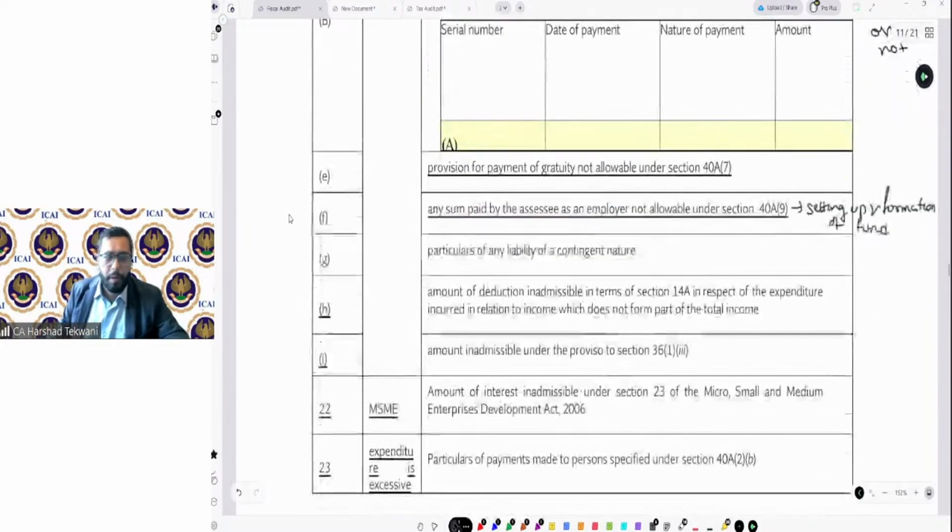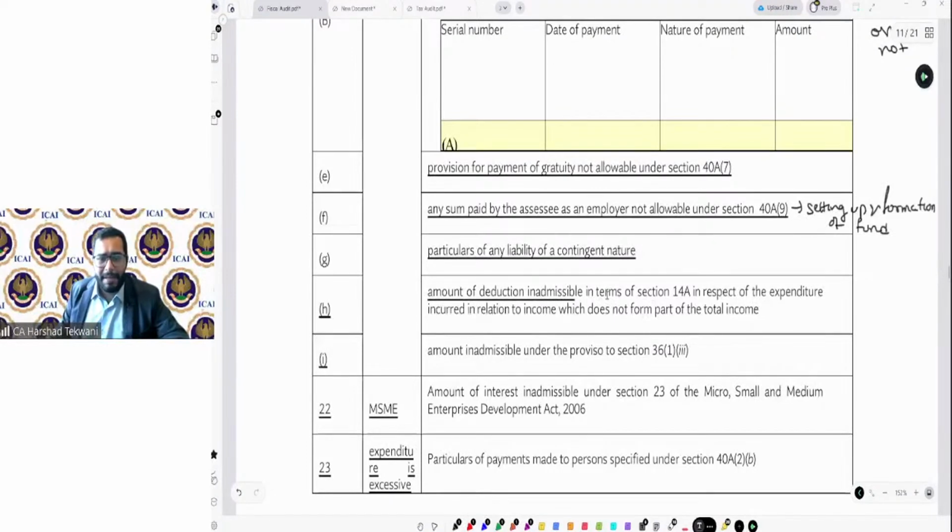Okay. Then particulars of contingent liability, that is, particulars of any liability of a contingent nature. Then the amount of deduction inadmissible in terms of section 40A in respect of expenditure incurred in relation to income which does not form part of total income.